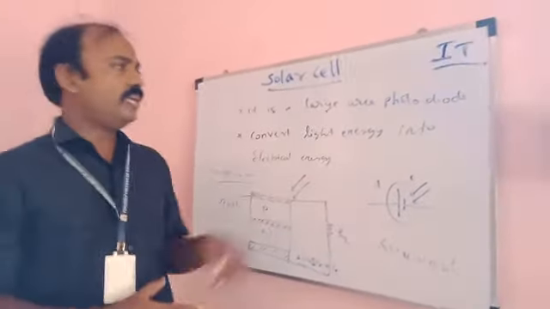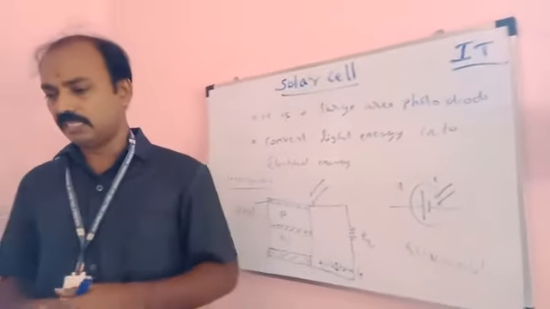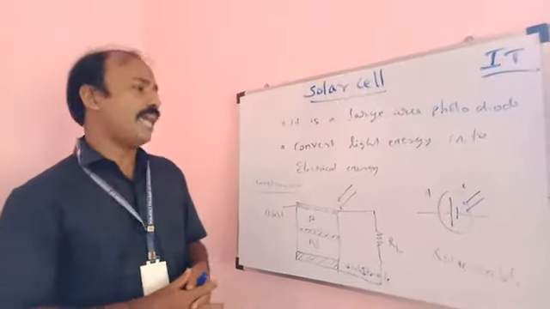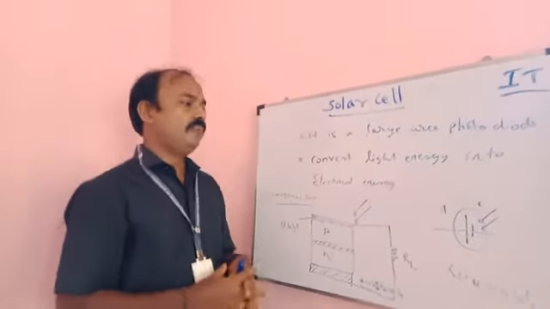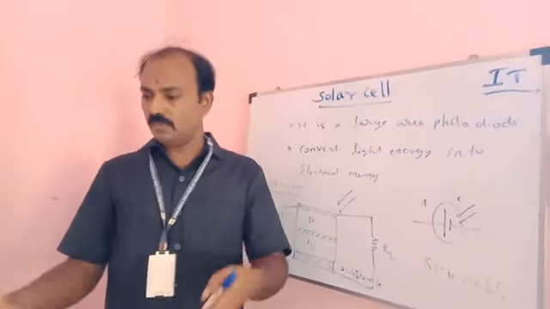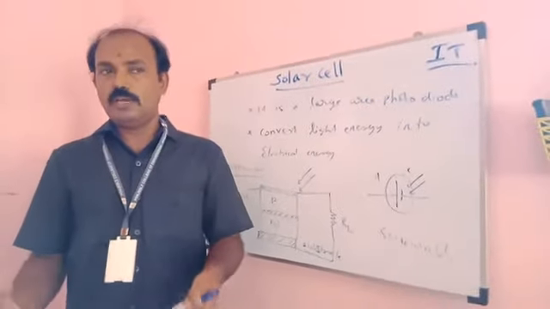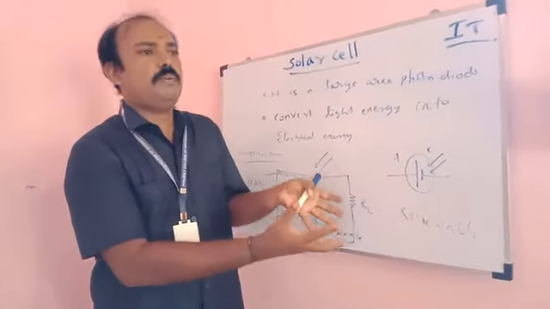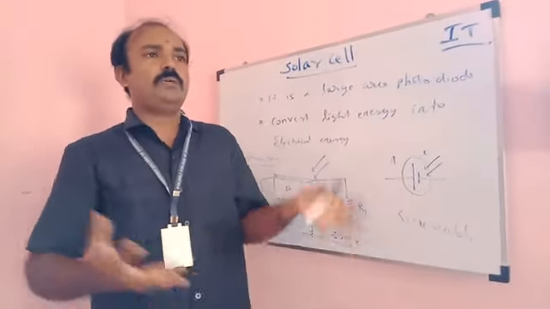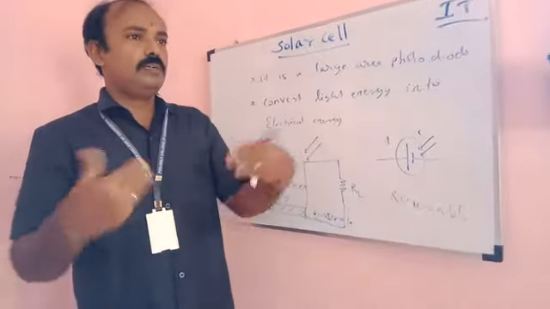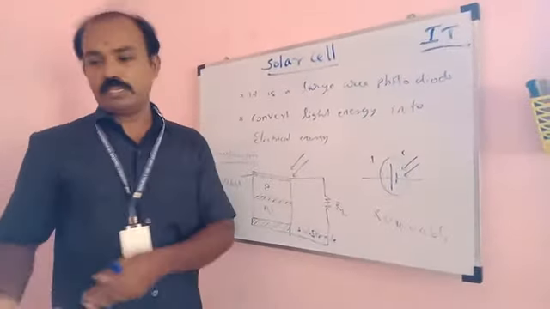Then the disadvantage of this kind of solar cell is the investment. The initial investment cost is high. Initially we are going to spend more cost. Also it is seasonal. In summertime we are able to produce a large amount of electricity, but in winter the production may decrease.